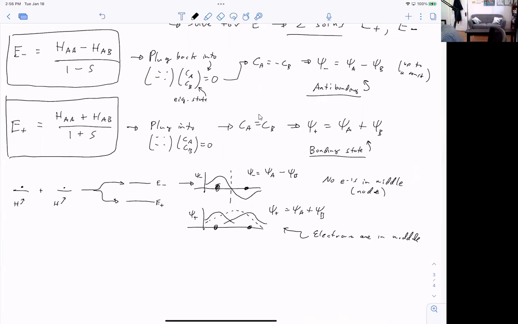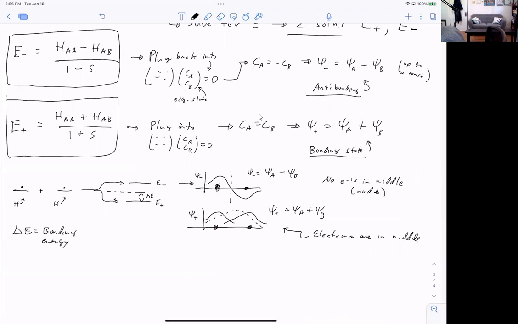And then this splitting energy, we call this delta E. And so that's the bonding energy. So what we can say is that delta E is the bonding energy.